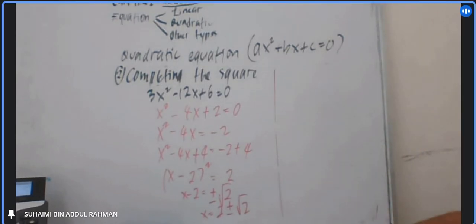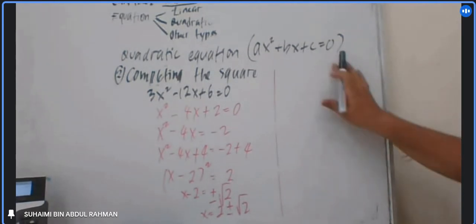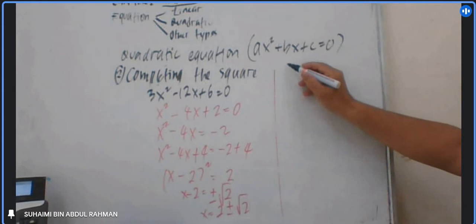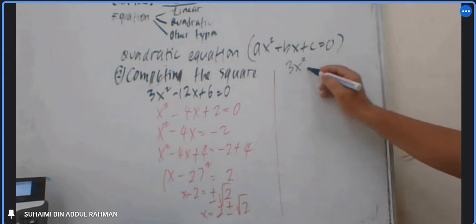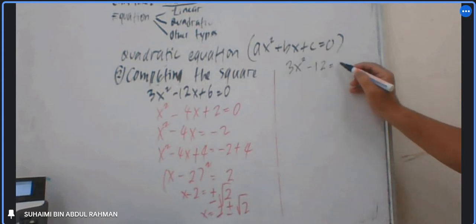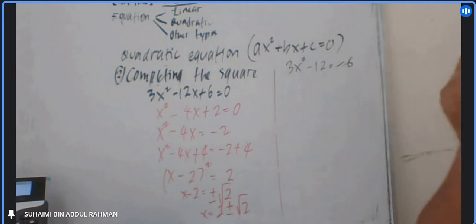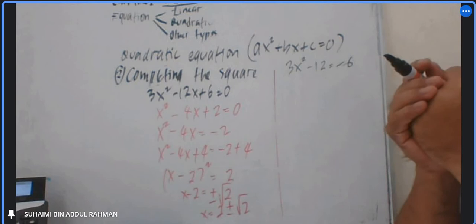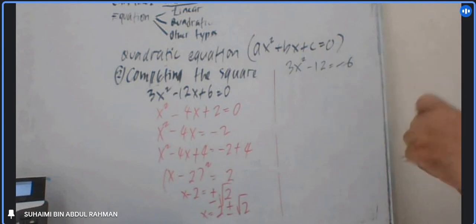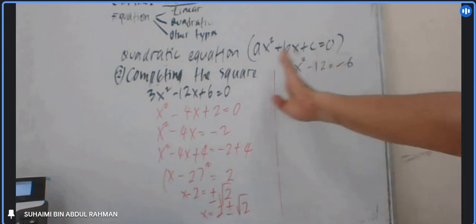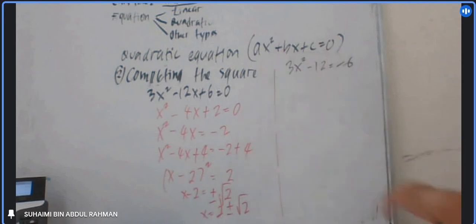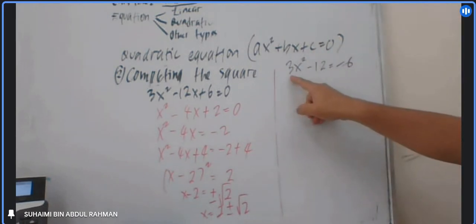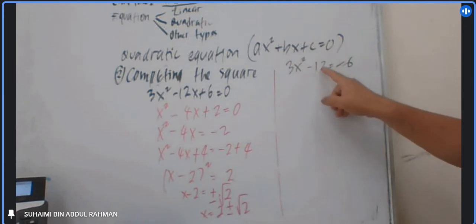Or another way to solve this. This is one way. It's correct. Right. Another way to solve this: you bring first 6 to the right. Now, our left-hand side, 3 is a common factor. You see, the first term we have 3x squared, the second term is minus 12.